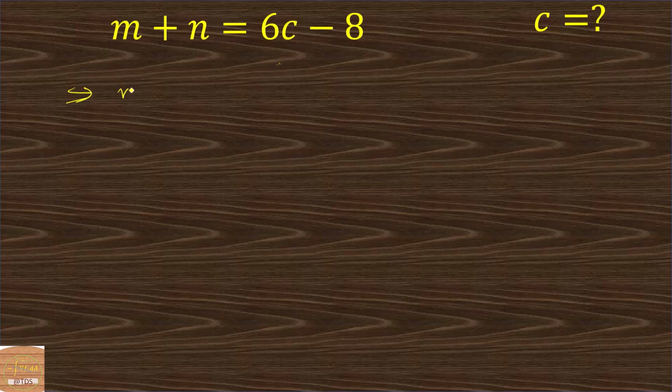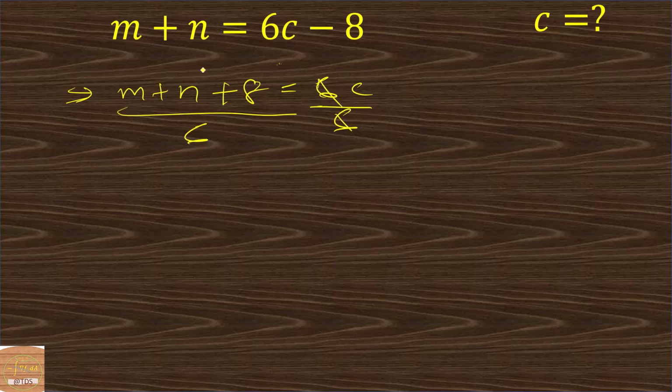So we have m plus n. So I'll send the minus 8, which will be plus 8, equals 6c. So I'll divide both sides by 6. Okay, so we have this one. You can't probe further. Okay, so I think this is the answer. All right.